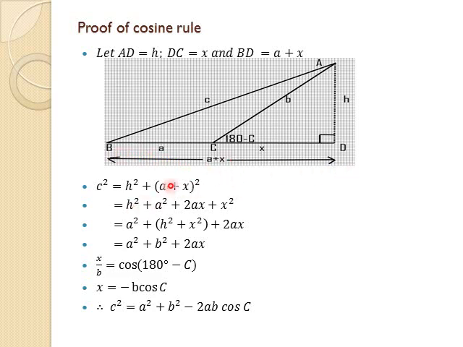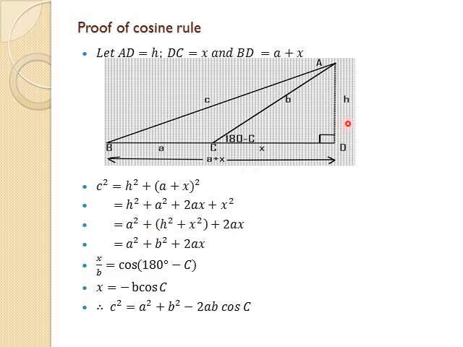So there, h squared, if I multiply out, a times a is a squared, a times x times 2 gives me 2ax, and then x times x would give me x squared. That then becomes a squared plus h squared plus x squared plus 2ax. Right?